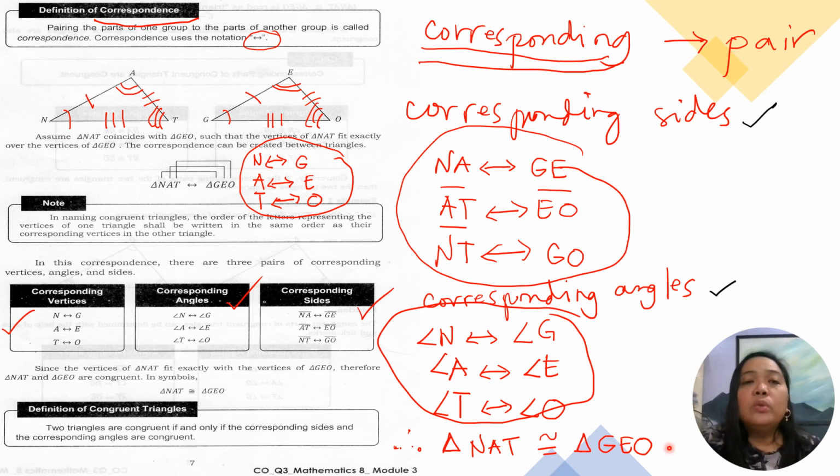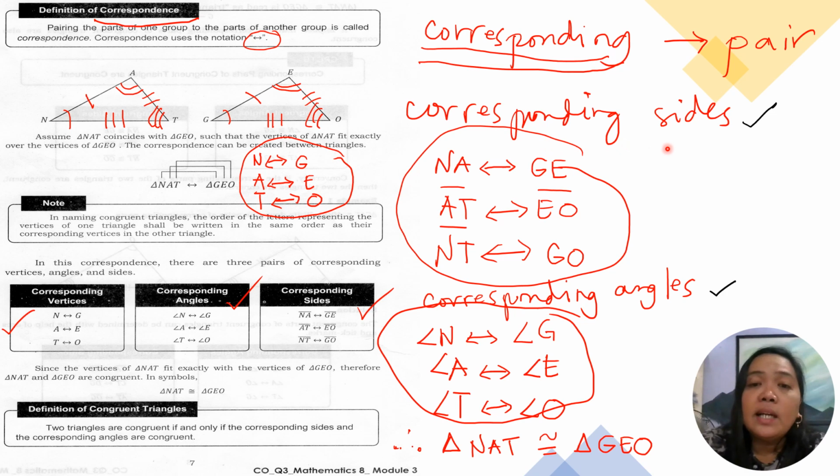When you go back to the last statement that we mentioned earlier, two triangles are congruent if their corresponding parts are congruent. We have listed that the corresponding vertices of triangle NAT coincide with the vertices of triangle GEO.